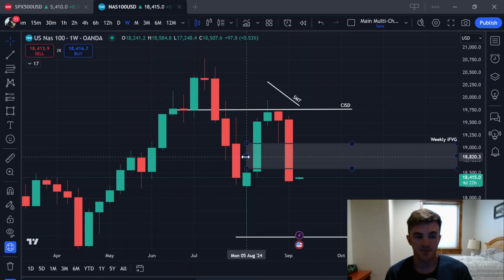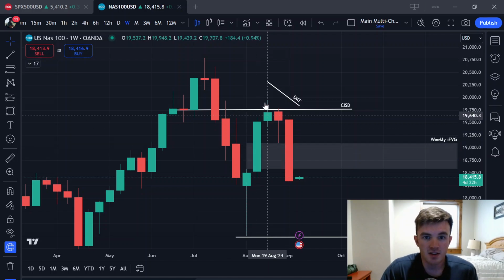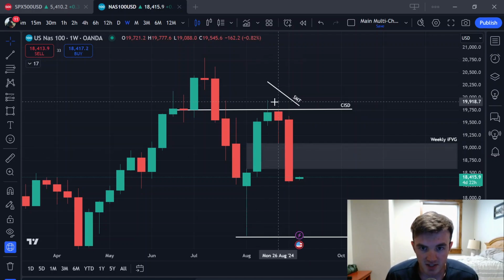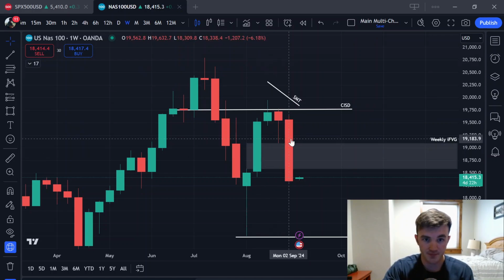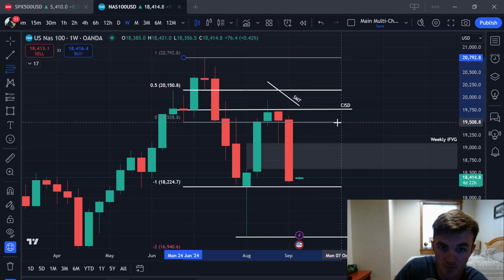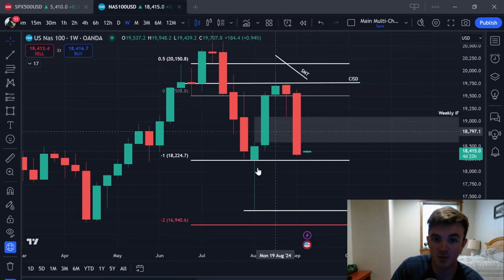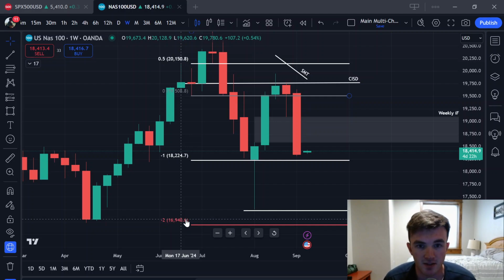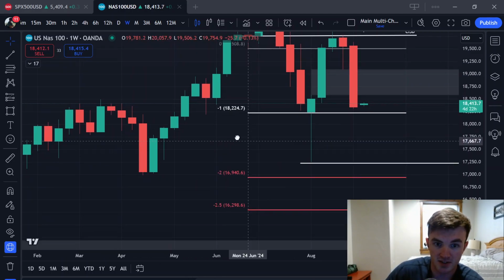What does that tell me? That tells me that smart money got in at the retest of this change in state of delivery. And where are they targeting? So this is what is called measuring standard deviations. So you measure the manipulation move, and then you project out standard deviations.